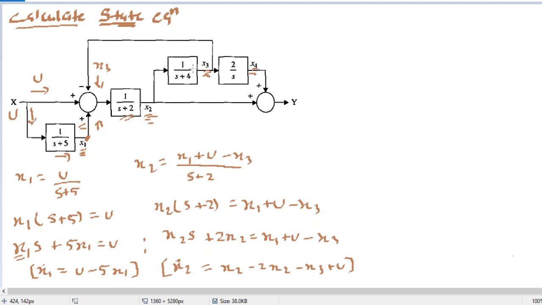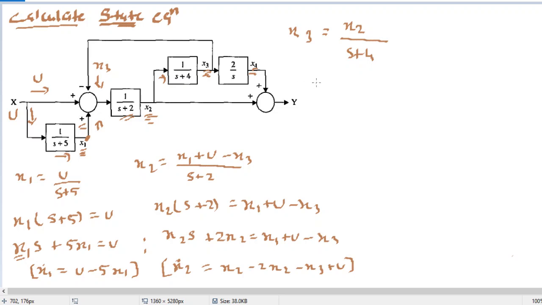So let's have a look at x3. What does x3 have? x3 has x2, the only signal that enters the x3 block. So we can write x3 as x2 divided by the block.